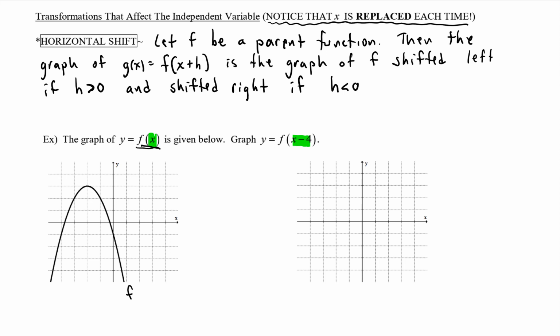Since it's x minus 4, h is negative, so we're shifting to the right. We're going to add 4 to all x values. For example, this vertex, which is at negative 2, 3, if I add 4 to that x value, I end up at 2, 3. Or this coordinate, which is at negative 4, negative 1, if I add 4, I'm at 0, negative 1.